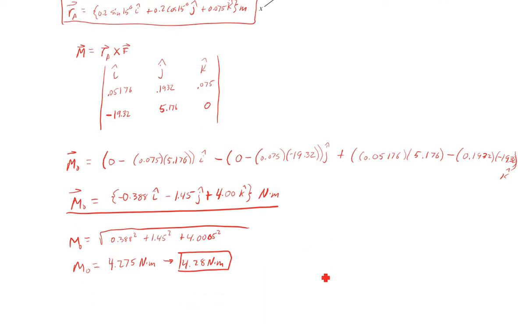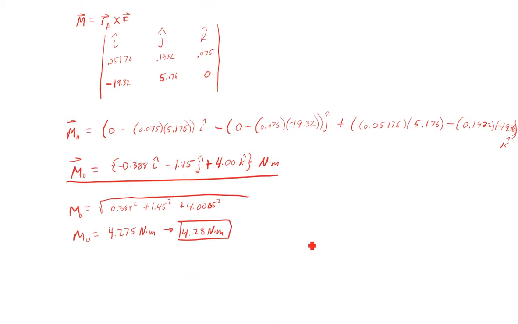And then last, our coordinate direction angles. So alpha equals the arc cosine of my I component, negative 0.388 over my magnitude, 4.275. And that equals 95.2 degrees. Beta.